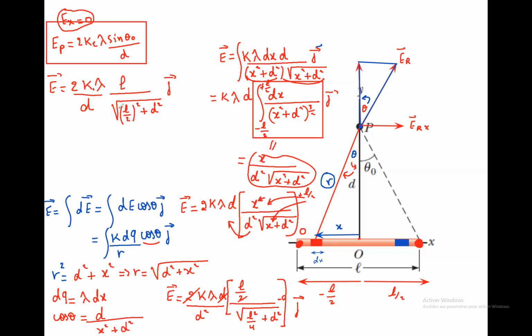You know that sine theta 0 equals the opposite side L over 2.